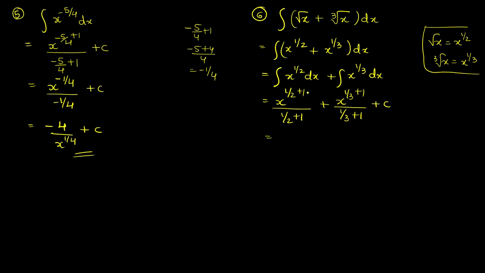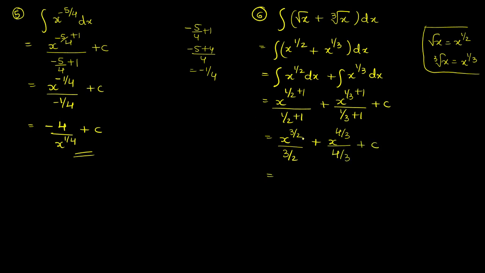Now simplify this. 2 times 1 is 2, so 2 plus 1 will be 3. So x power 3 over 2 divided by 3 over 2. Again, the power and the denominator will be the same numbers, plus x power 3 times 1 is 3, 3 plus 1 will be 4. So 4 over 3 divided by 4 over 3, plus c.